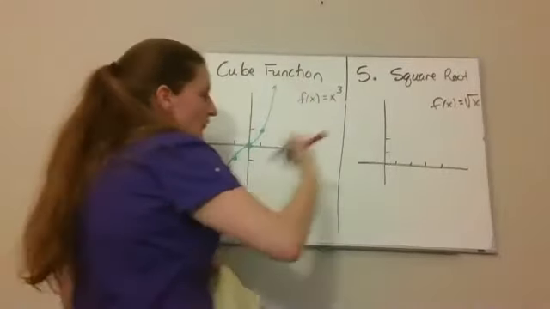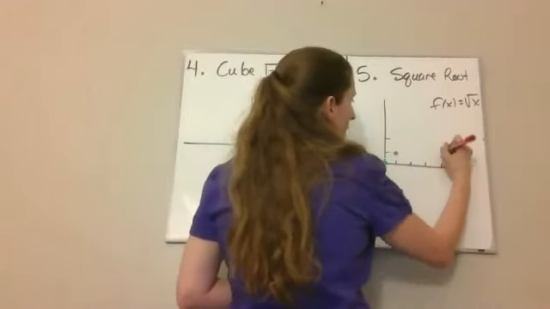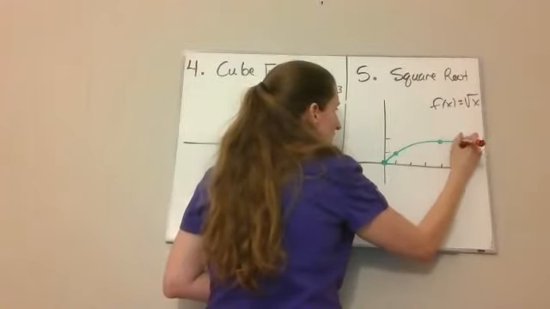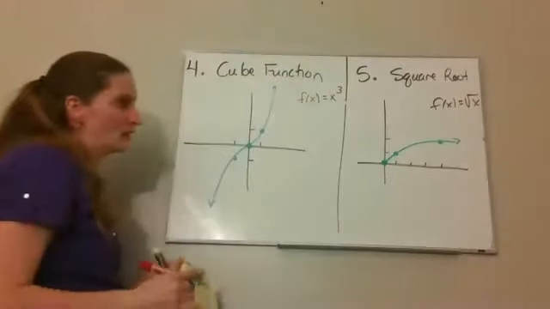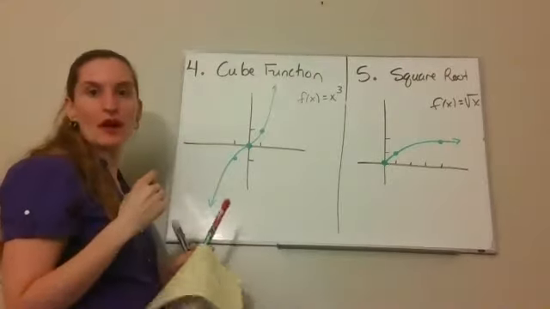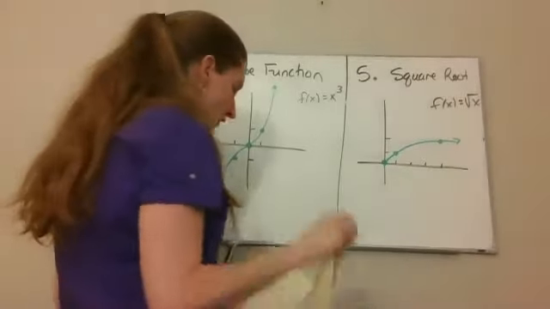So the square root function, we have a point at 0, 0, 1, 1, 4, 2, and it keeps going on forever. It's still going up as it goes to the right as well, it just doesn't go up very quickly. That's what our square root function looks like.